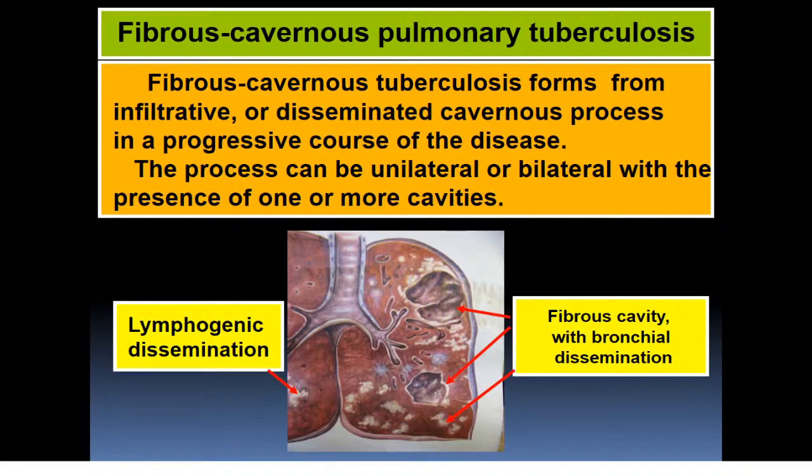That's why, as a result of progression of different forms of tuberculosis, fibrous cavernous TB can form. The process can be unilateral or bilateral, with the presence of one or more cavities.